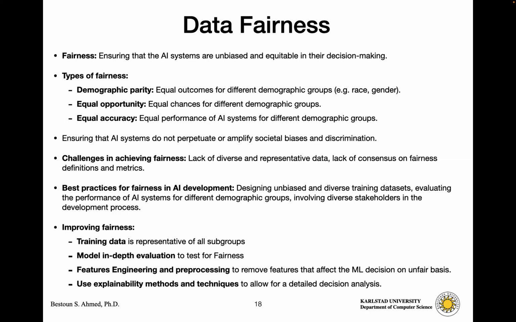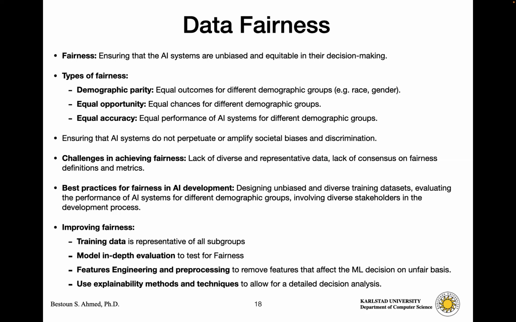So improving fairness, as we said, for the data, you have to focus on the training data. Sometimes the in-depth evaluation of the model, however, I do believe that it is still all about the data, not about the model, because the model is trained by the data. If the data is not fair, it means that the model will not be fair anyway.